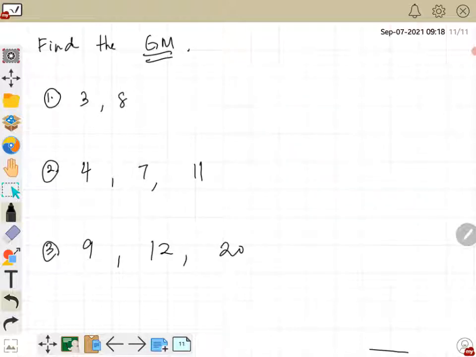We have here two terms. We can simply find the GM of this. So the GM will be, since there are two terms, the square root of 3 times 8. Multiply the two terms. So that is the square root of 24. That is roughly 4 point something, almost 5. That is 4.9.